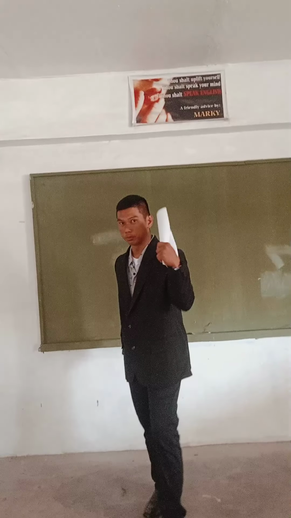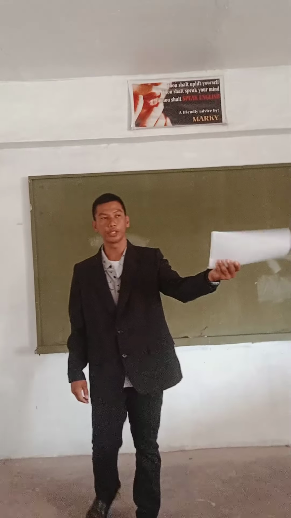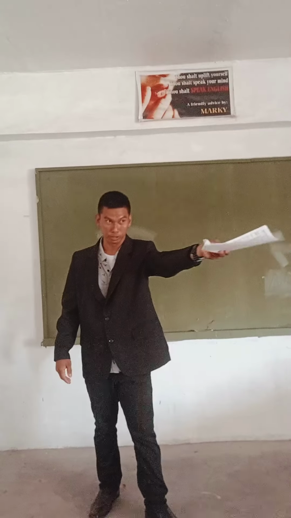For us to easily understand the word trigonometry, we divide it into two: the first word is trigonon and the second word is metric. Trigonon is the Greek word for triangle, and metric is the Greek word for, yes, very good, measurement or measure.